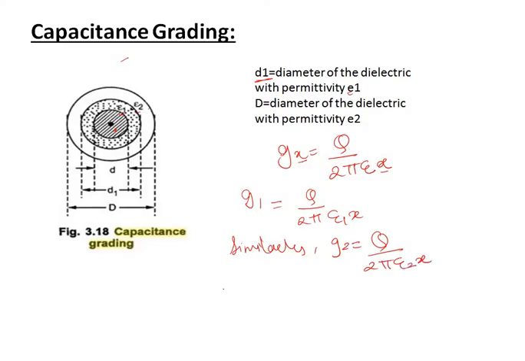Now we have to calculate the potential difference. Hence voltage will be expressed as V is equal to integration of d by 2 to d1 by 2, from this inner core to the outer layer, G1 dx, plus integration of d1 by 2 to capital D by 2, from this layer to the outermost layer, G2 dx.